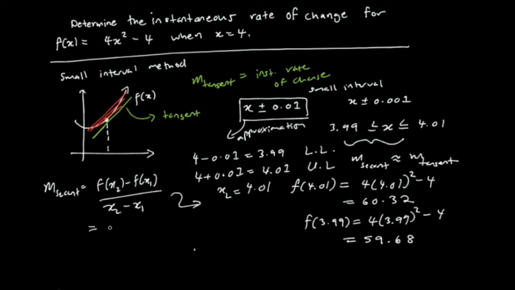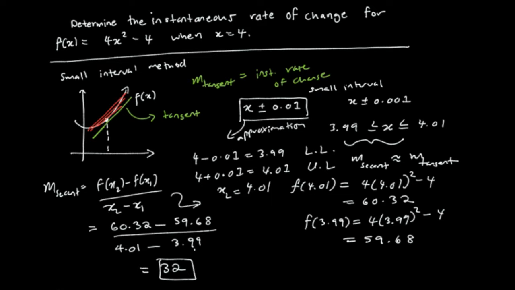Plugging this into the formula, f of x2 is 60.32 minus f of x1, which is 59.68, divided by x2, 4.01, minus x1, 3.99. If I calculate all this out, I end up with 32. And that is the slope of the tangent at that point.